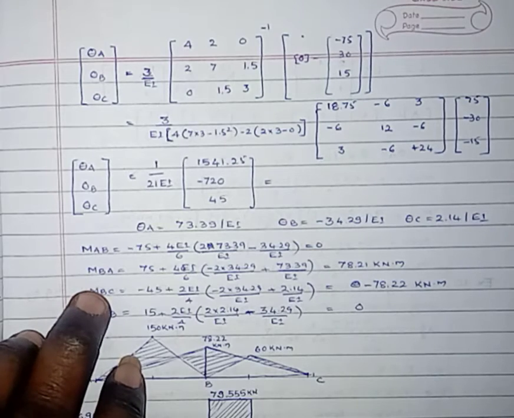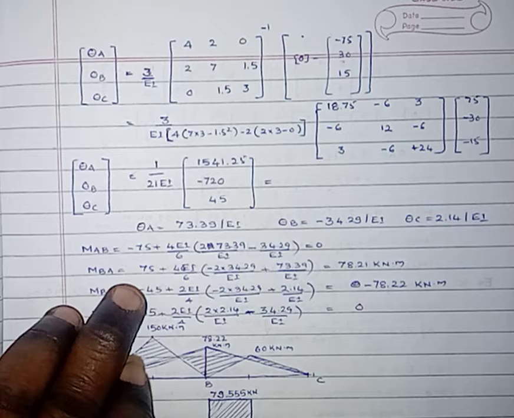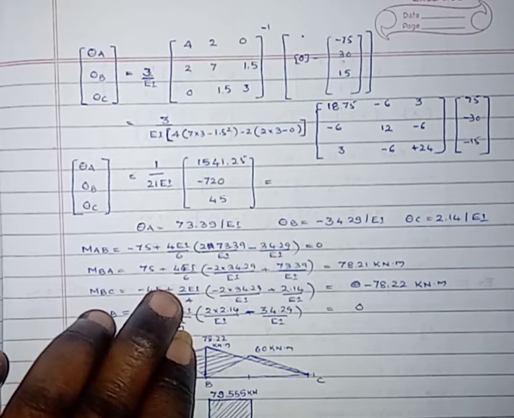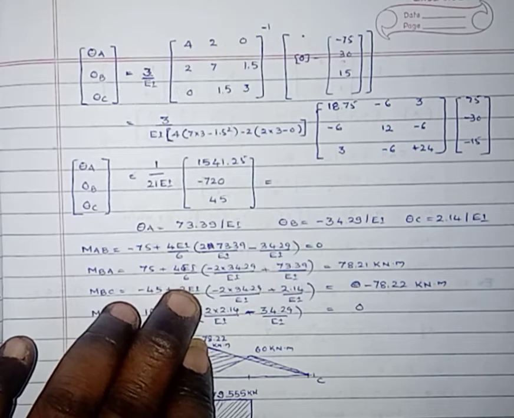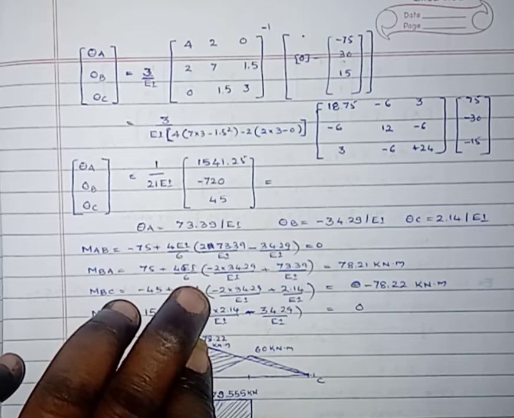Then at interior support B, where two spans are connected, MBA, that is MFBA, the fixed end moment, is positive, that is clockwise 75, plus 2EI by L. Here the length is 6, moment of inertia is 2I, hence this is 4EI by 6.